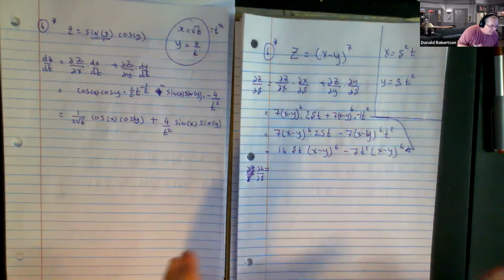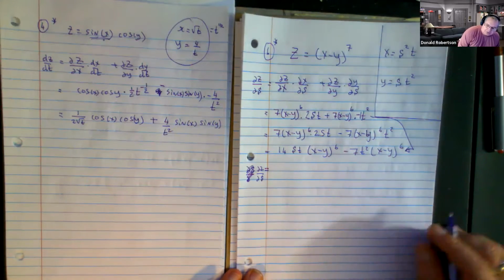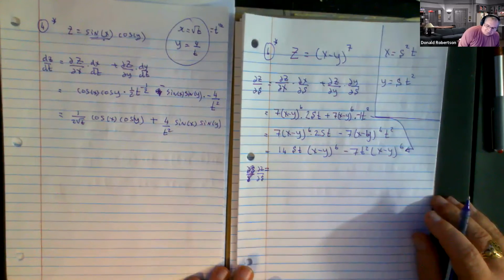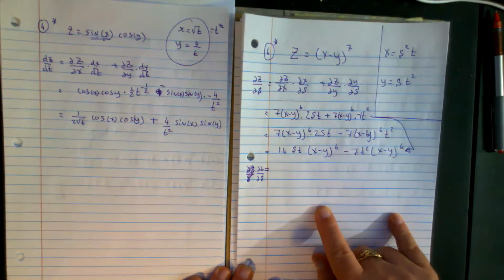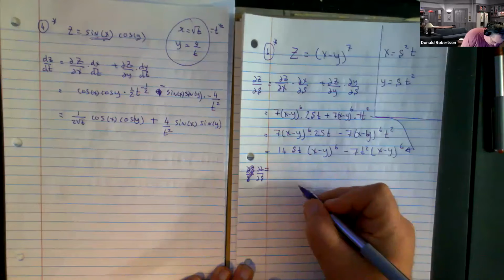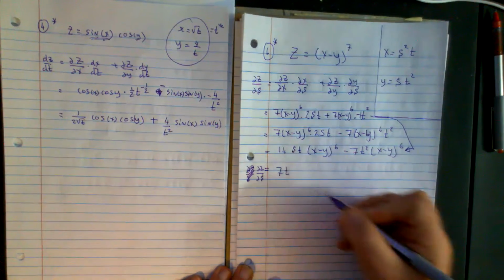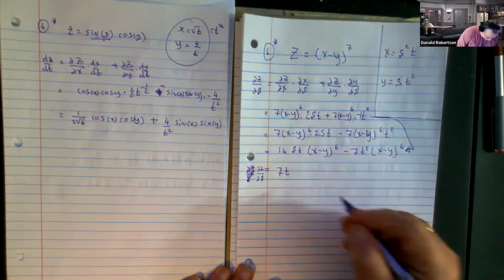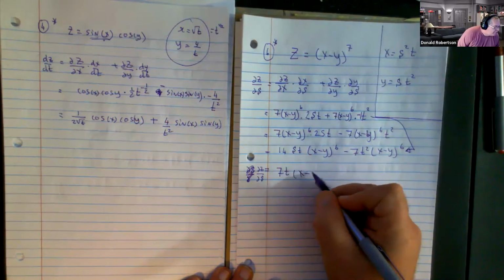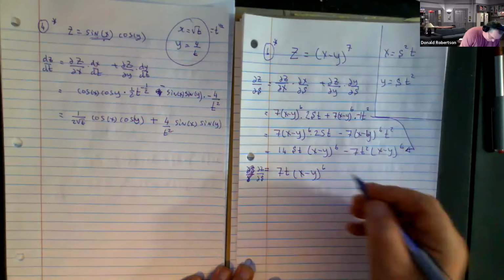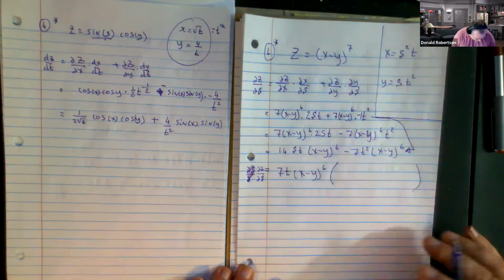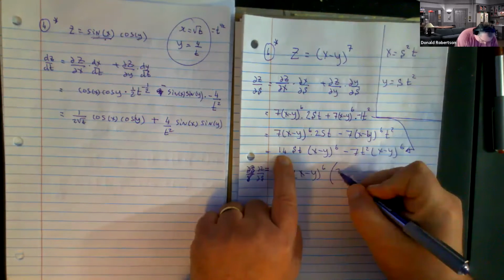So throw a common factor out and I'll start pulling them out. What you got? 7t. Agreed? The x minus y to the 6th power. Agreed? Double check. I think we've got everything. Would you agree? There's none left. So I'll just do a big bracket and see what we have. 2 left over.